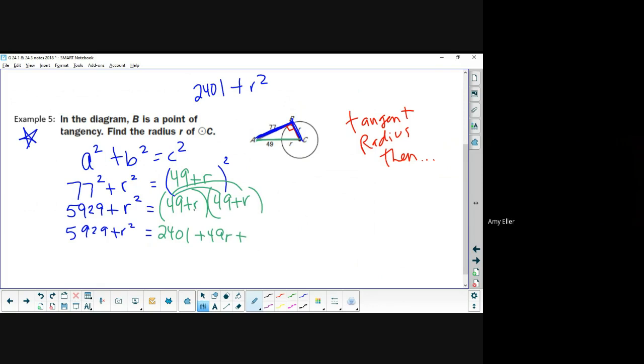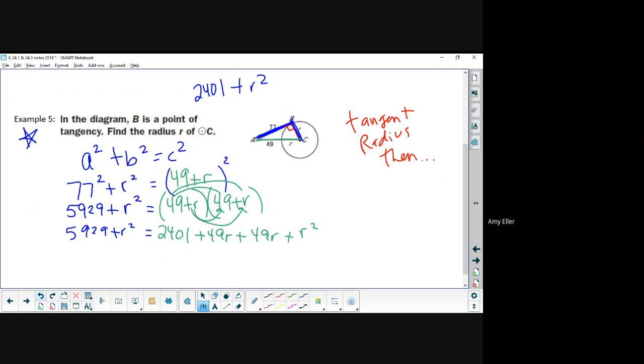Now distribute the r. Another 49r. R times r, r squared. Notice that this is different than this. Some parts are the same, but we cannot just distribute the squared. That would only give us 2 terms. So just write it twice and then distribute it out.